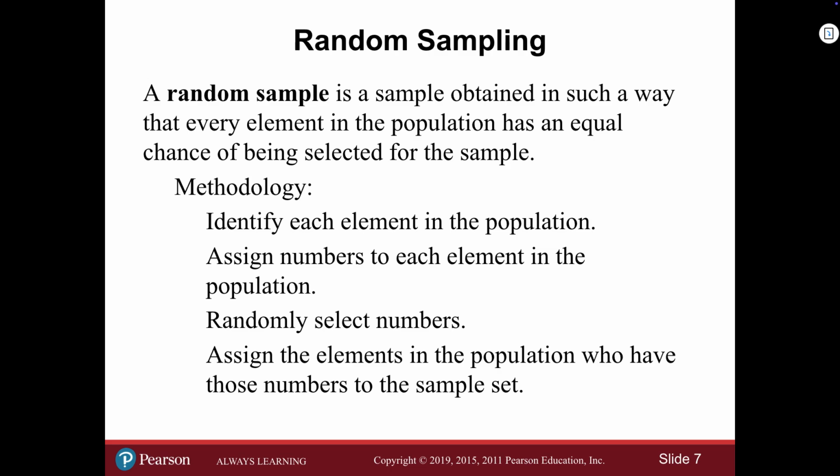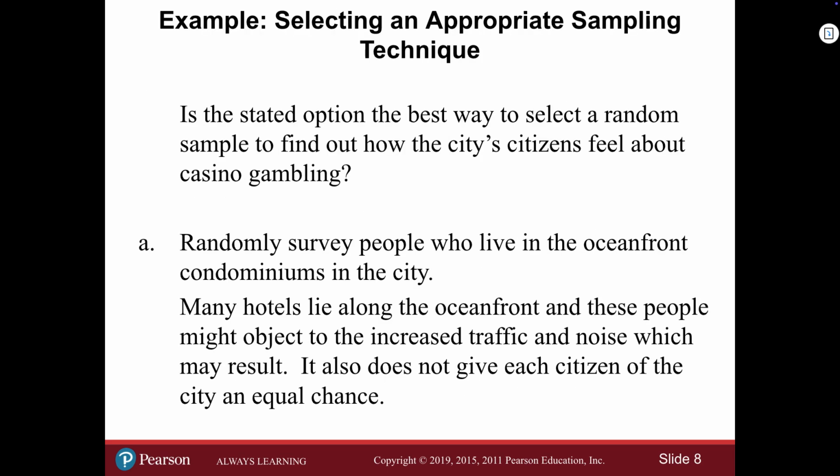So you basically have a computer assign everybody a number, and then you have the computer randomly pull out numbers, and that's how you get your sample with that randomness. You could have them roll a die or something. With the element of randomness, generally you will get a more representative sample.